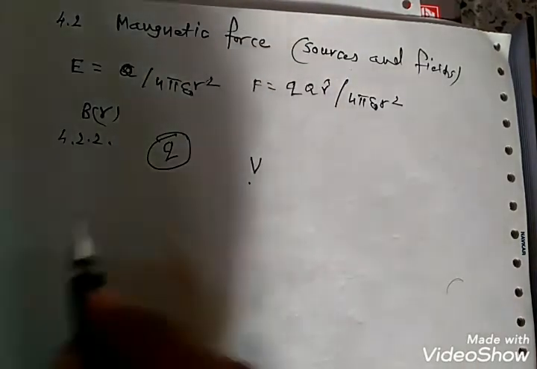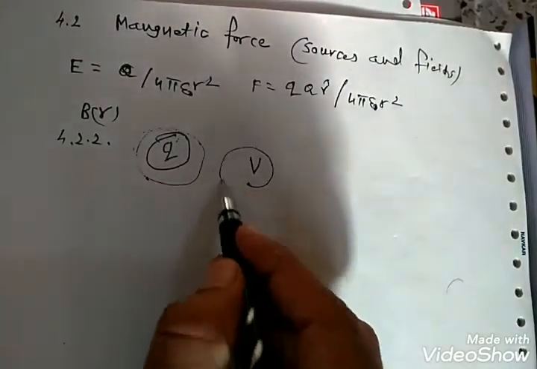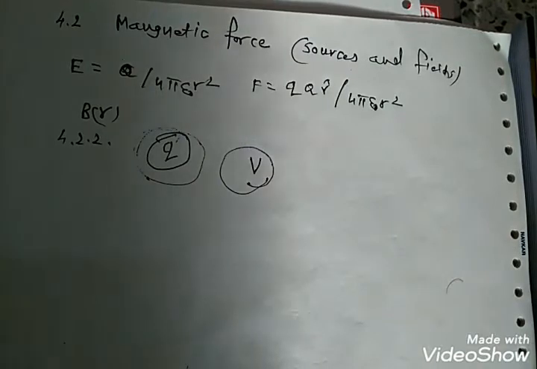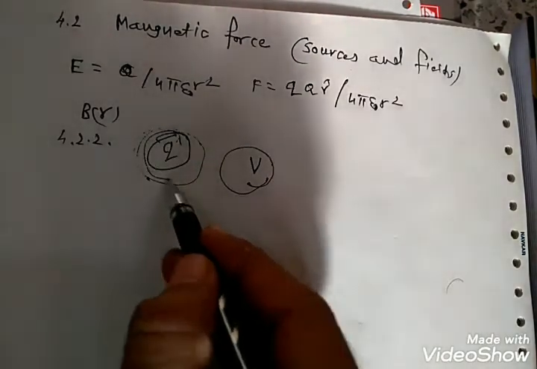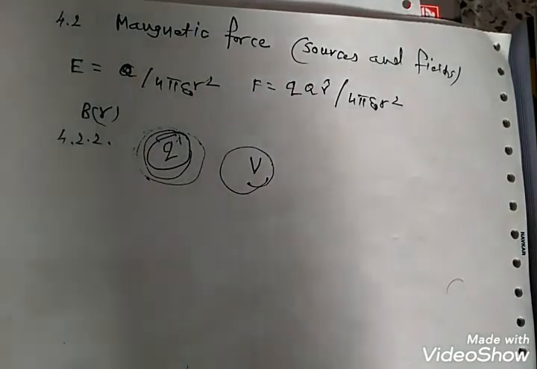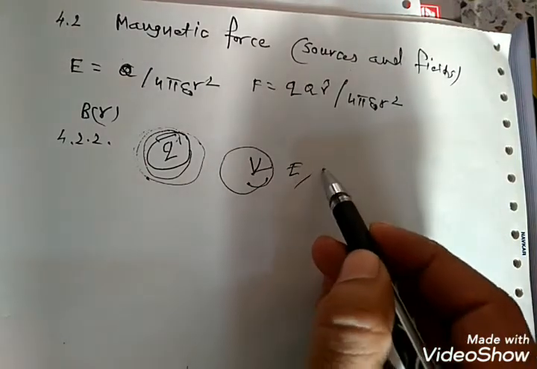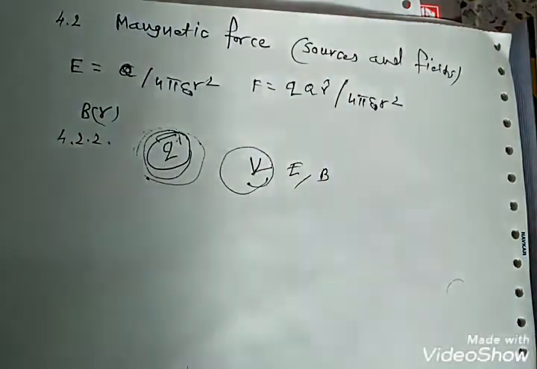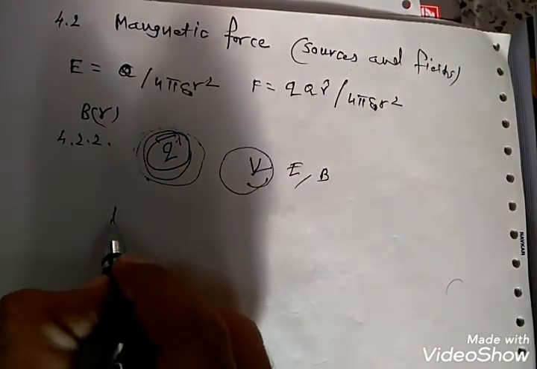Again, a point charge Q moving with velocity V in the presence of electric field and magnetic field. So the force on this charge is due to both of them, because both fields are present.